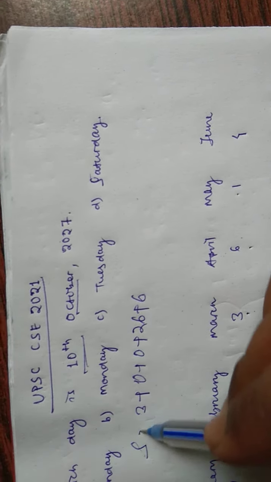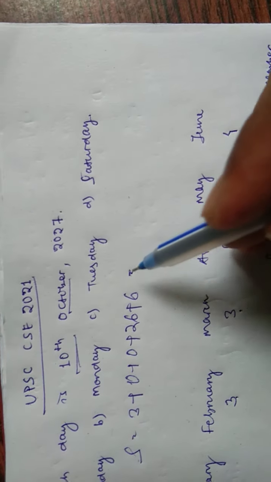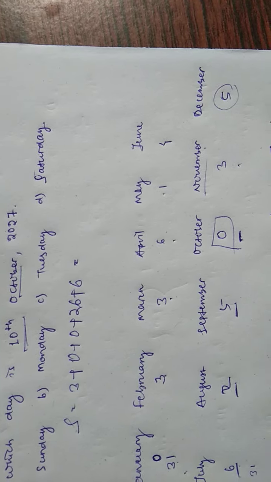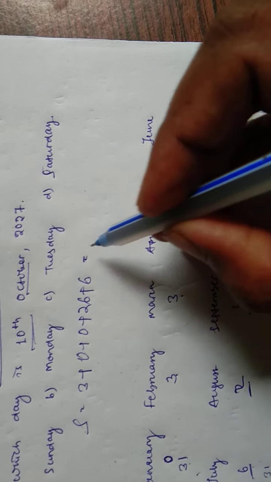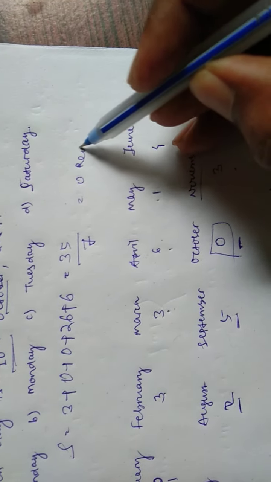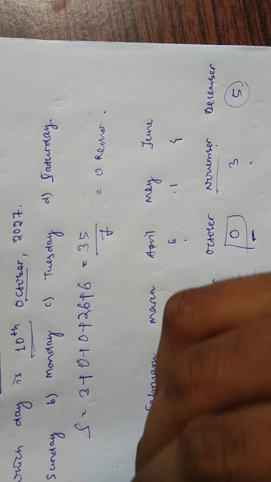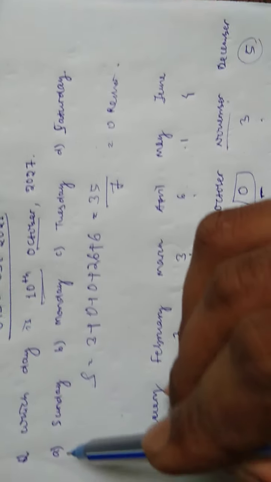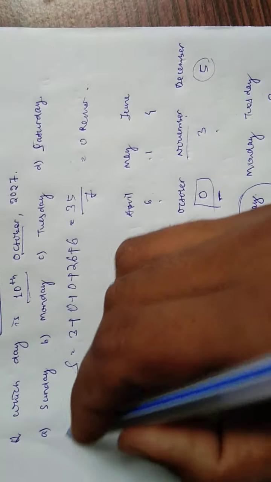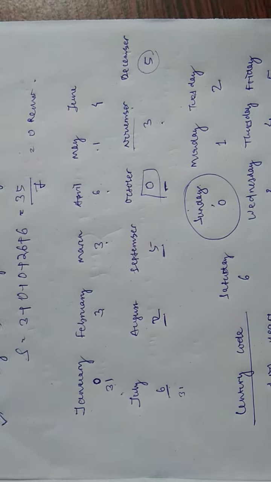We'll add 6. We get the sum on adding all the numbers, 35. On dividing it by 7, we get 0 as remainder. Hence we get the answer 0. 0 means Sunday. Here is the answer: Sunday. Thank you.